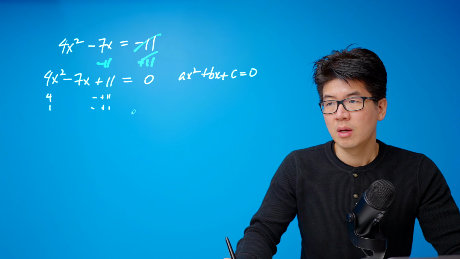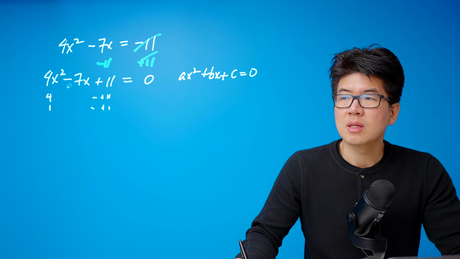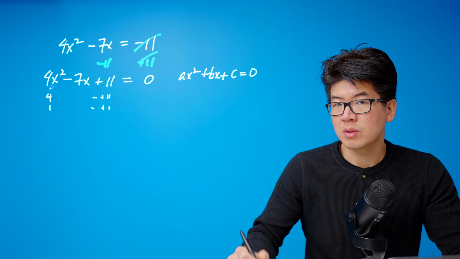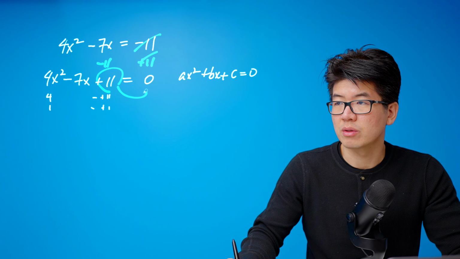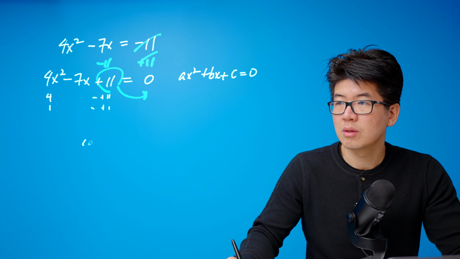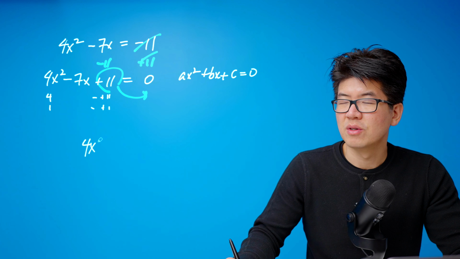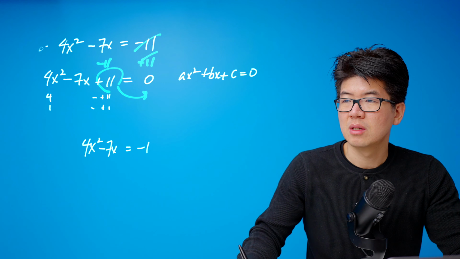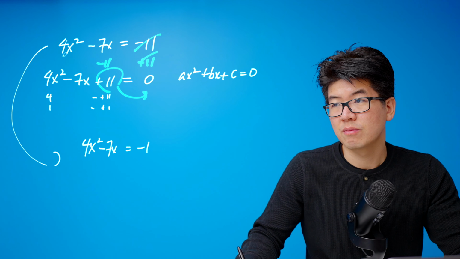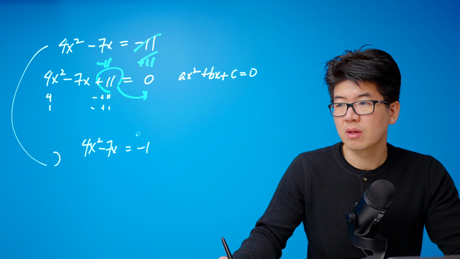So what that means is that we can't do factoring, which means we've got to complete the square. Okay, so let's bring that over to the other side. Actually, for this particular one, it would have been better to just start from the original question.